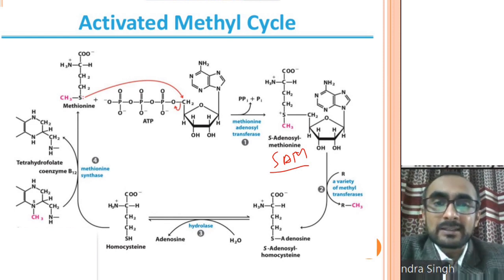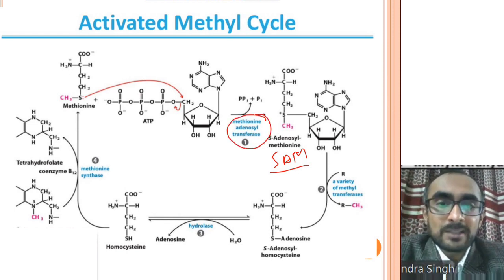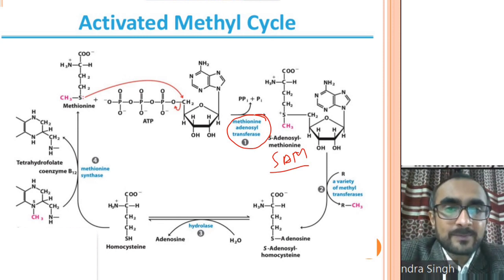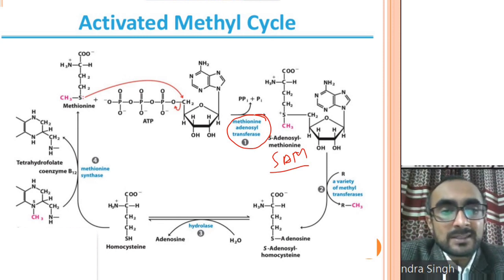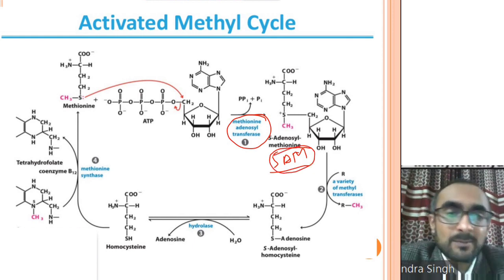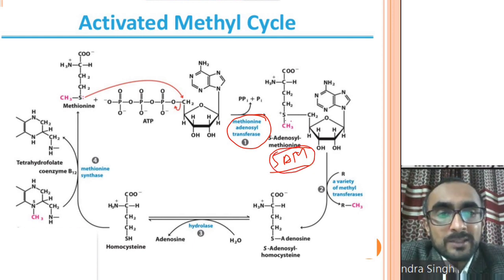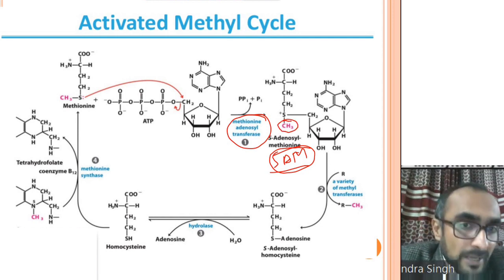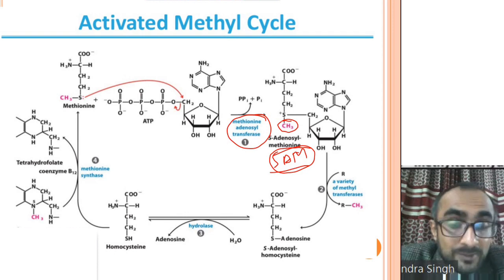Methionine reacts with ATP in presence of enzyme methionine adenosyl transferase, and it gives rise to synthesis of S-adenosyl methionine, SAM. Now this SAM is capable, because you have a methyl group here with sulfur, of transferring a methyl group to different substrates.